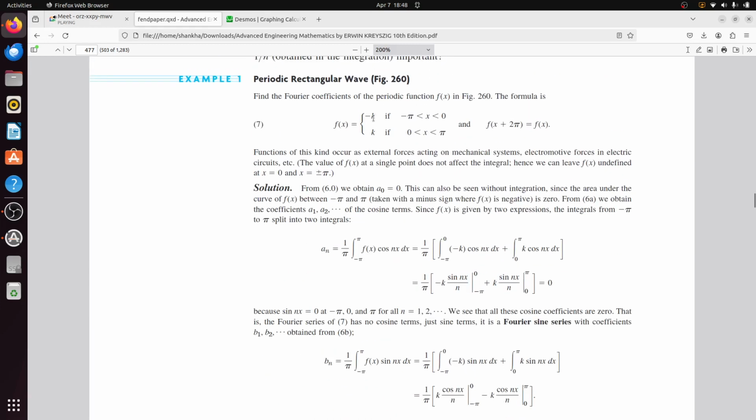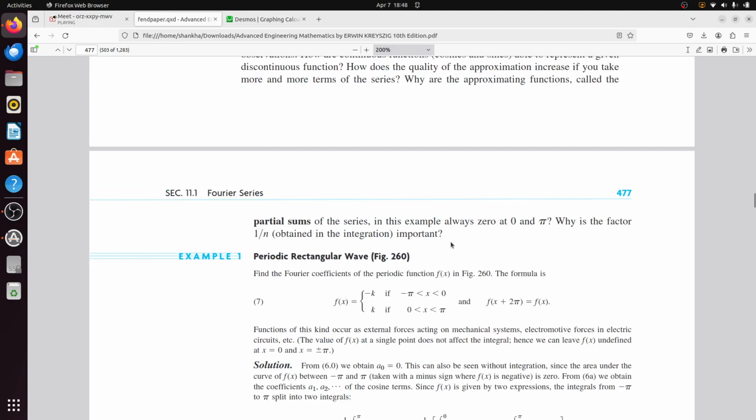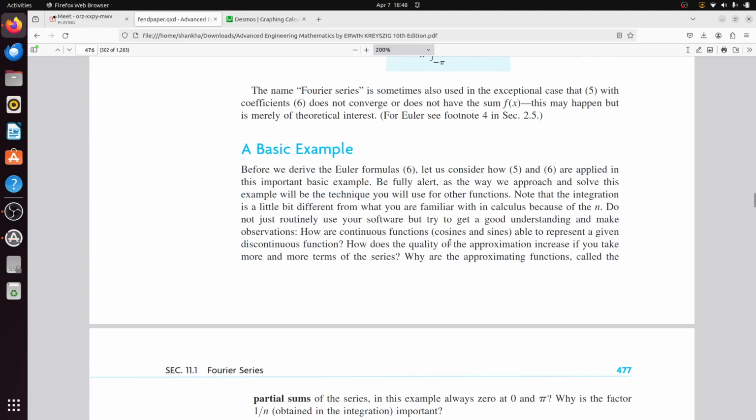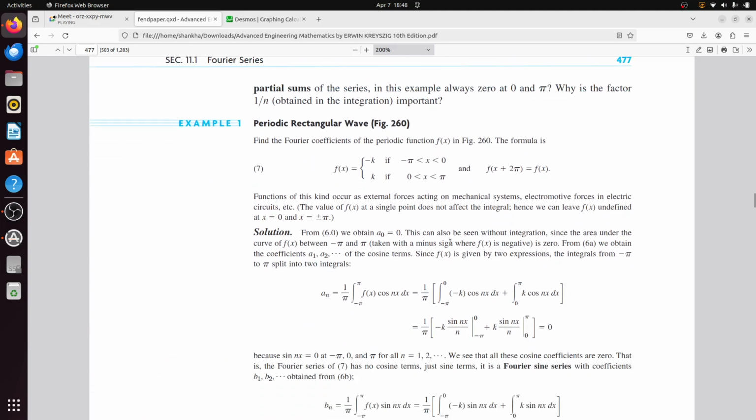Now, since it is an odd function, the a0 coefficient will be 0. Why? For a1, a2, an, you just remember the formula. Since f(x) is given by two expressions, split the integral from minus pi to pi into two integrals.